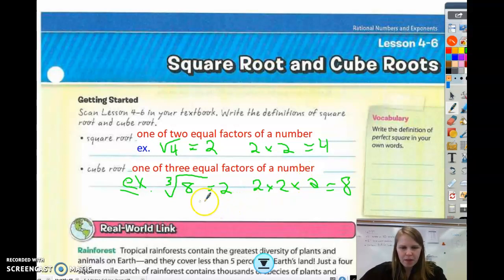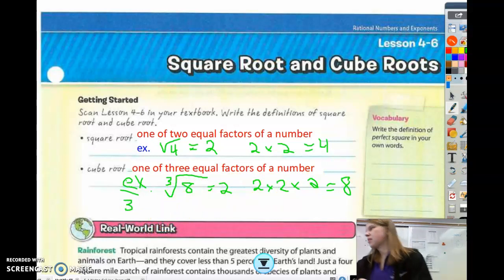Okay. To type this into your calculator, I have to type the 3, and then let me grab a calculator so you can see it real quick. Then I have to click on the second and then the caret button. So let me blow this up so you can see this.